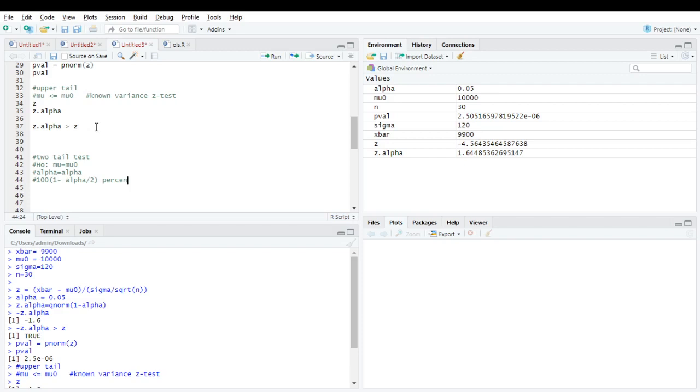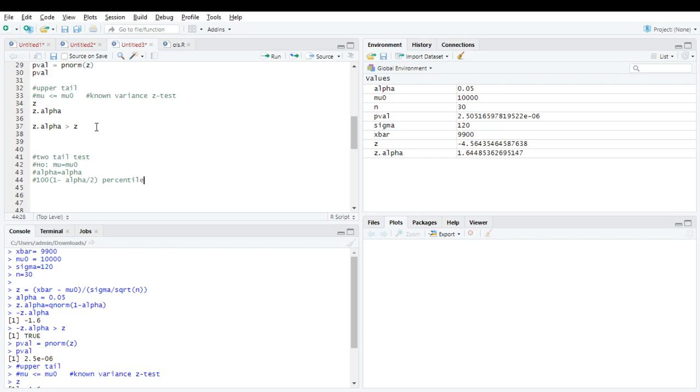Okay, in previous cases we have seen that the percentile is 100 times 1 minus alpha, but this time it is 1 minus alpha by 2. Recall, in case of 95 percentile, in previous videos we have done with 97.5 percentile, okay, for 95% significance, and that's how it comes.